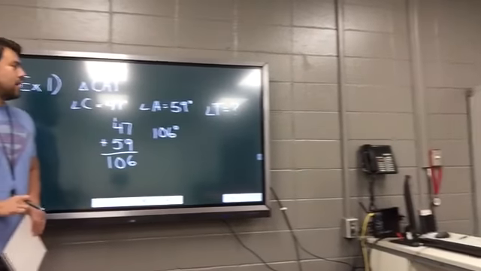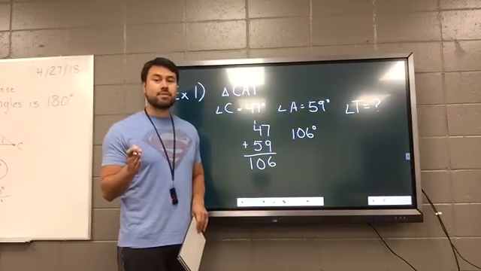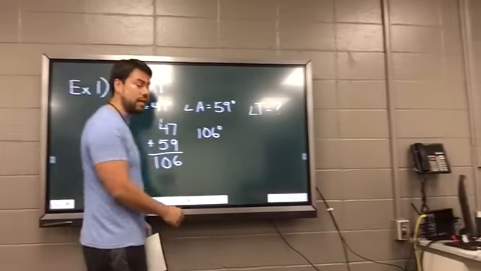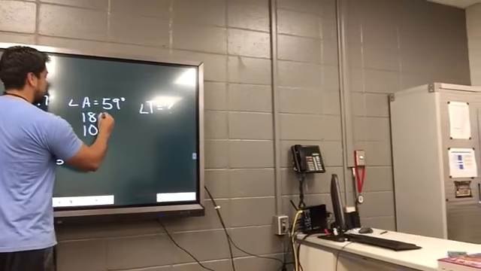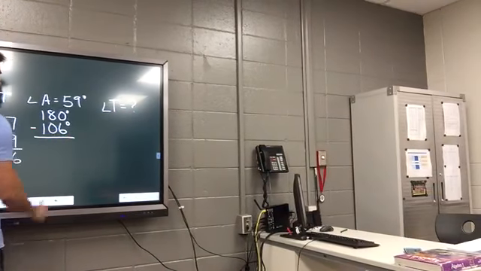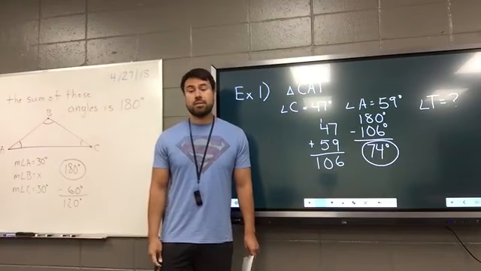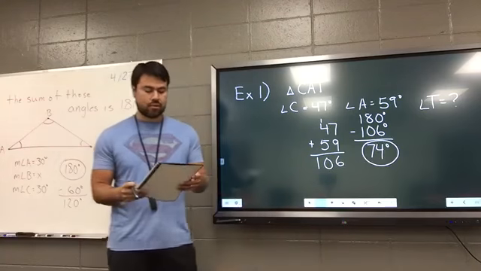Well, I know that all three angles add up to 180. So what do I do with 106 and 180? I should subtract. When I subtract, I get 74 degrees. So what should the measure of angle T be? Hopefully you got 74 degrees, which was the answer on that one.